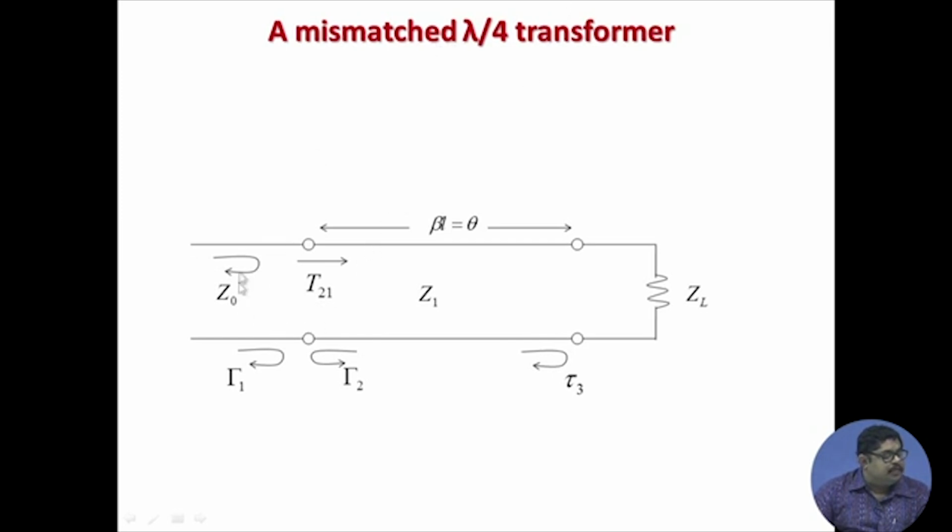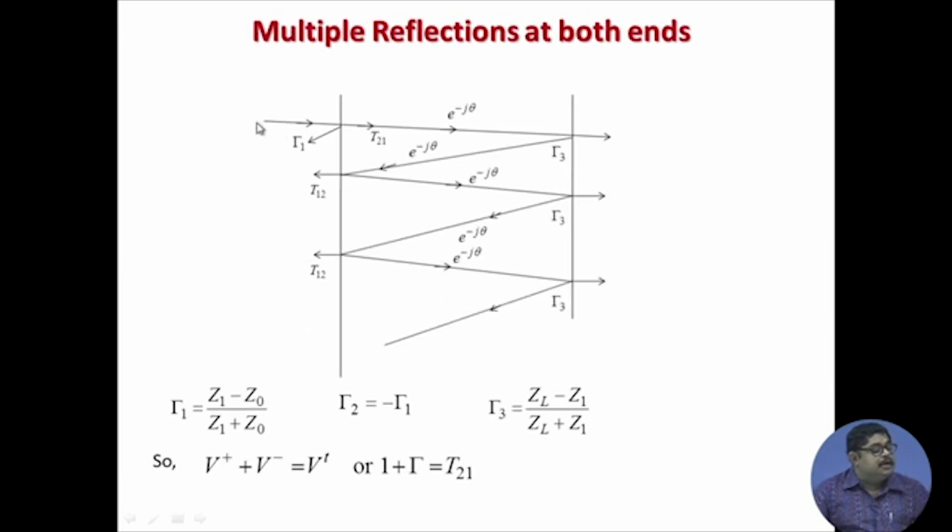So, some portion goes here, some portion comes back here, then again here it sees a mismatch, so it comes back with a reflection coefficient gamma 3, then comes here, again some portion is reflected back, some portion goes here, that they are calling gamma 1 etc. So, this can be pictured like this: one wave coming, some portion reflected and some portion transmitted.